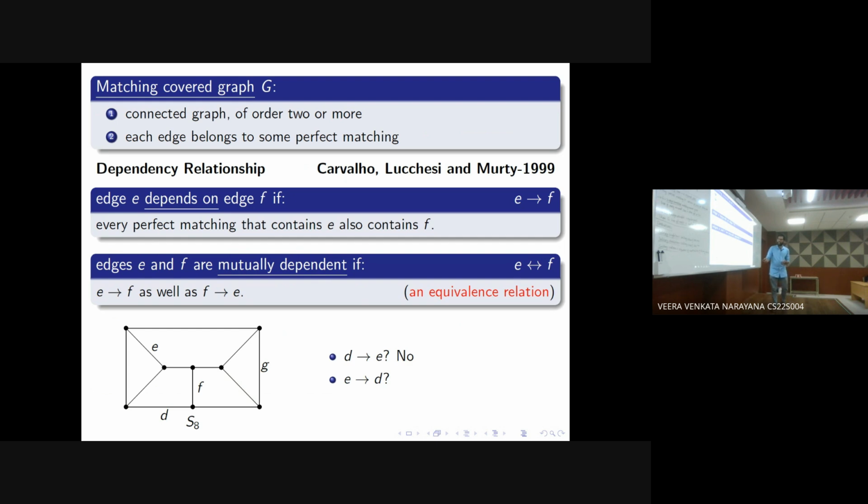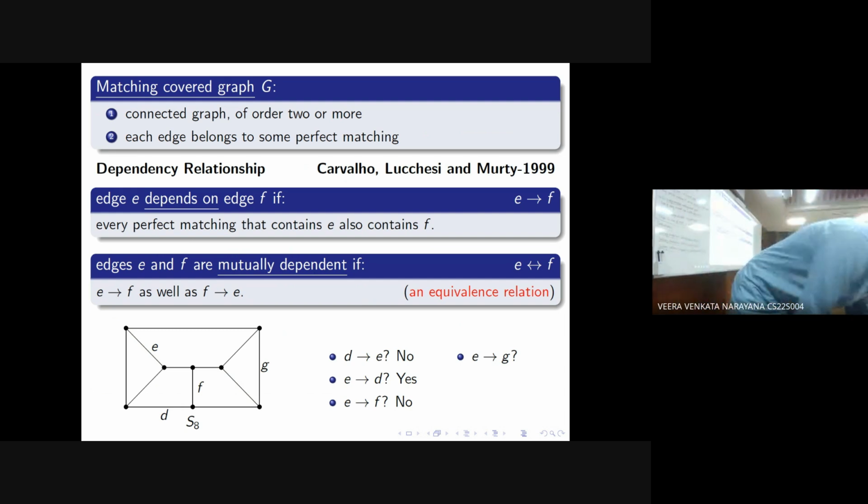Yes. Clearly, if you take any perfect matching that contains E, it also contains D. What about this? Again, no. So this is interesting. Maybe we can try this. If I take one minute, meanwhile, you can think about that.